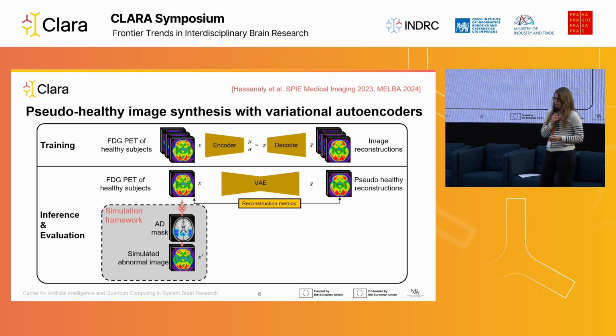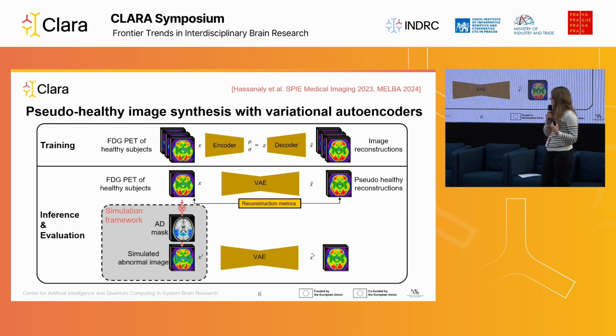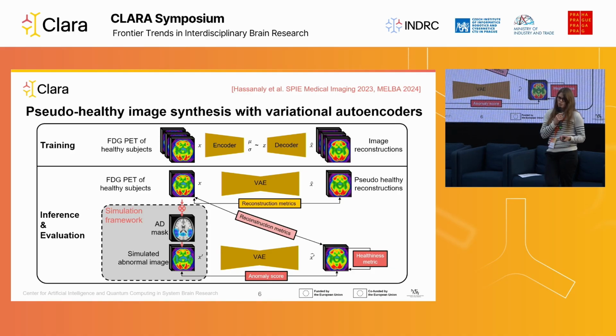But with the simulation framework, we can actually validate a large number of generative models because we can assess the quality of the reconstruction, but also assess to which extent what we reconstruct is healthy. And also we can compute anomaly scores, both on simulated and real images.